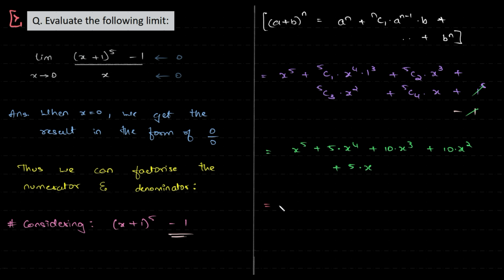Now, what is common in all of this? If you look at it, x is common, and that's how we get to factorize it. We can see that in the numerator and in the denominator, we have the x that is common. And so we have the following expression.